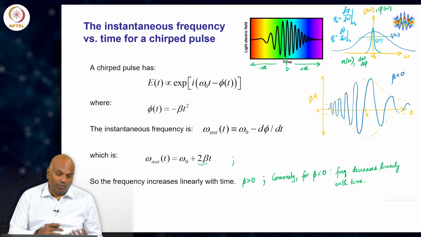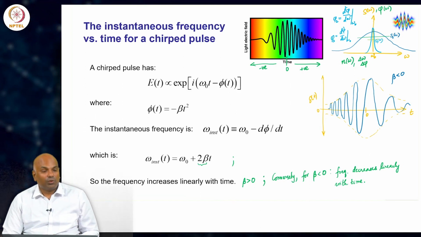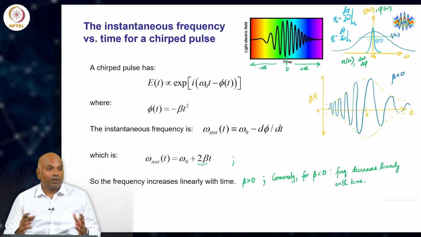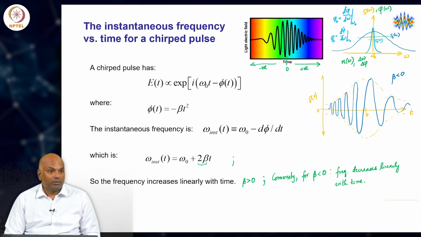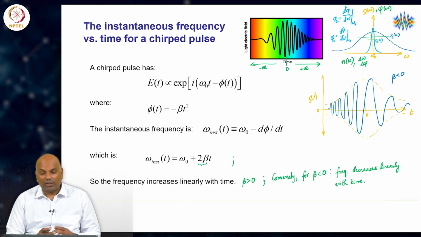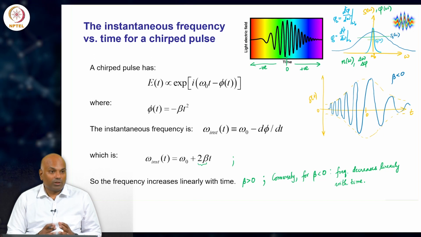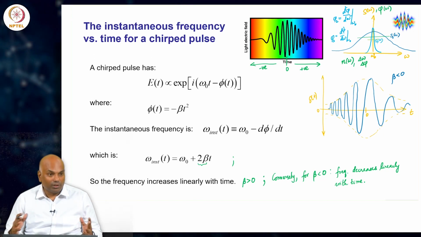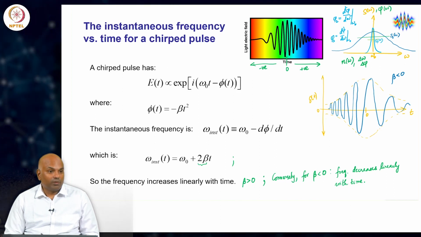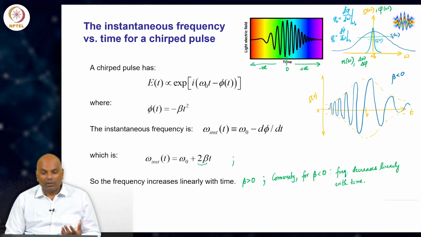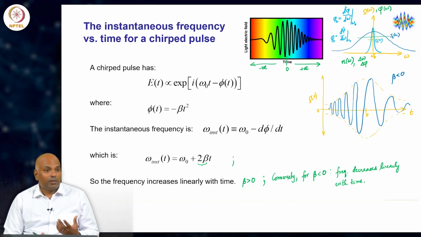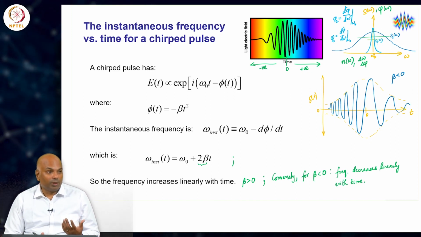Okay. And I would go so far as to say, we will learn soon, that the impact of dispersion in these cases is to elongate or stretch the pulse. The impact of dispersion is to stretch the pulse. So, the pulse which started shorter and thinner essentially ends up becoming wider as a consequence of propagation, whereas the pulse which started out much broader would essentially have suffered much less distortion due to dispersion.